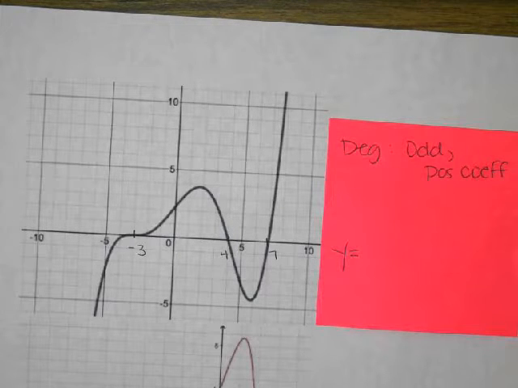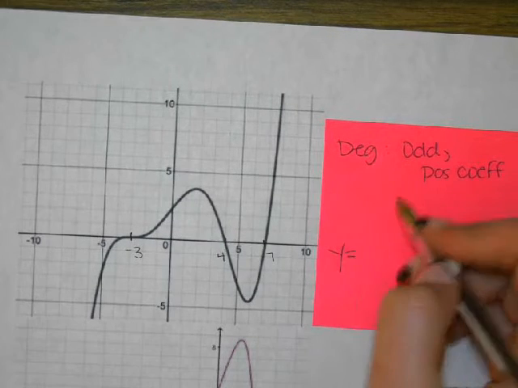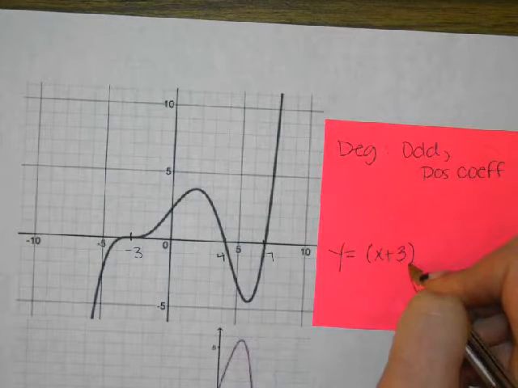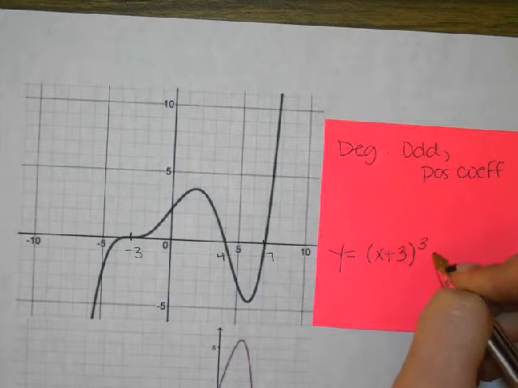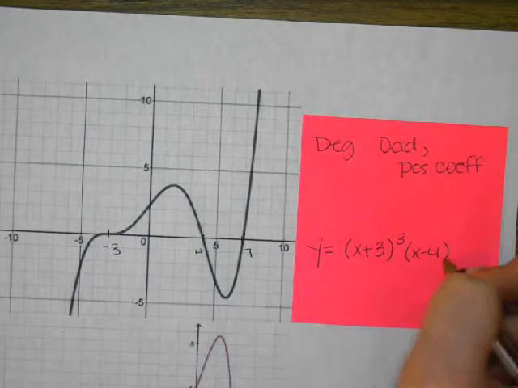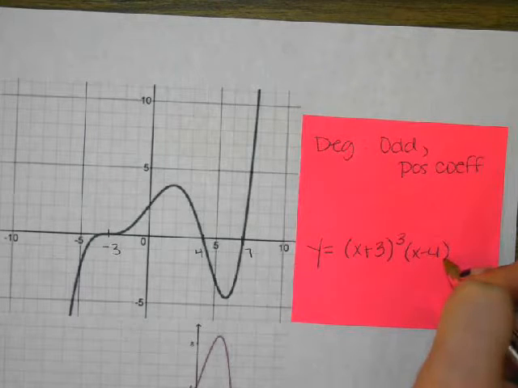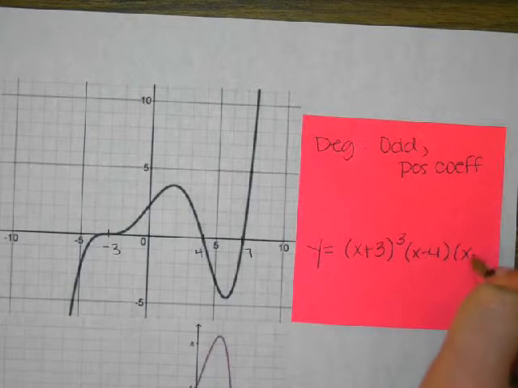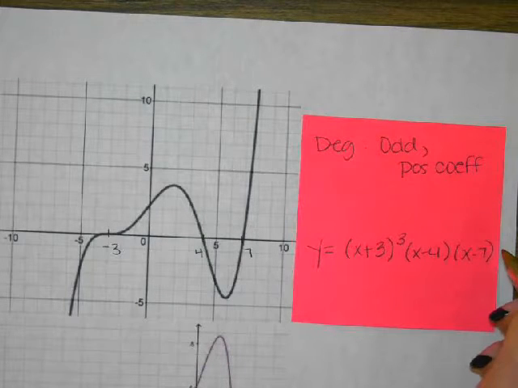What did you guys get? X plus 3 to the third, and then x minus 4 to the 1, and x minus 7 to the 1. Yeah.